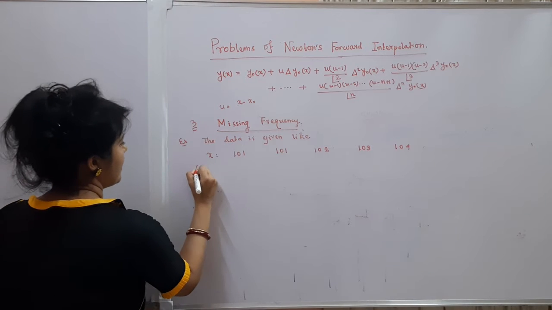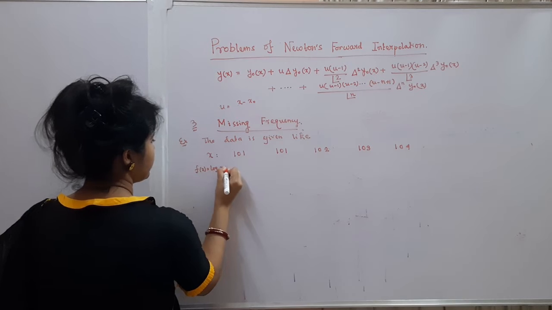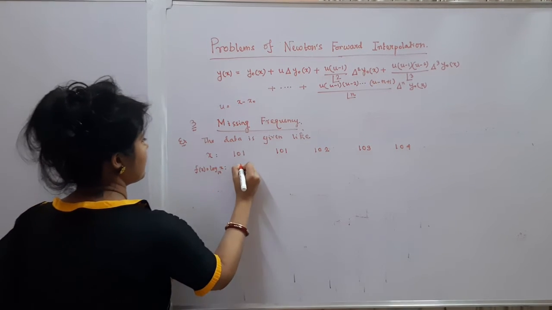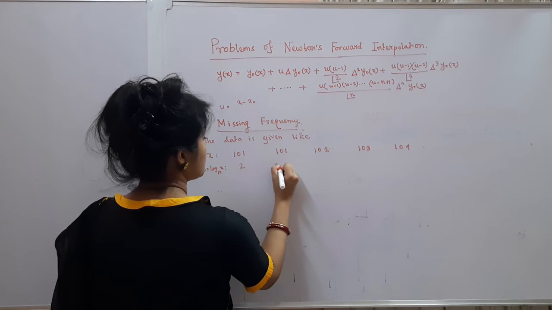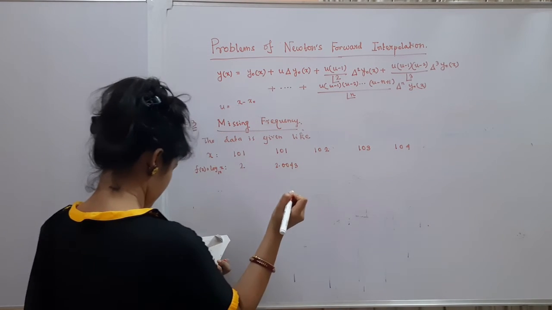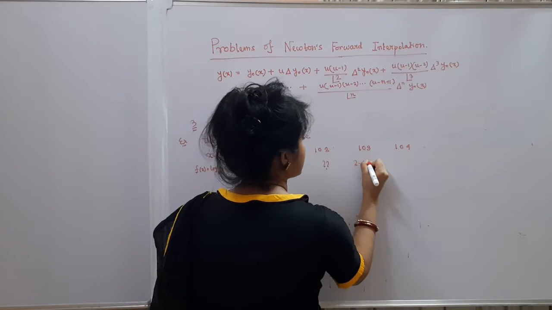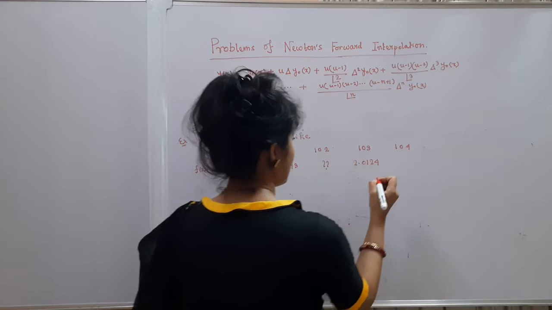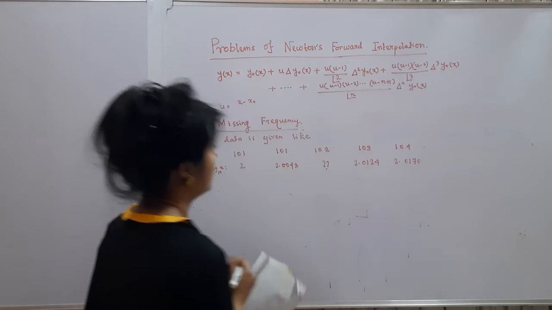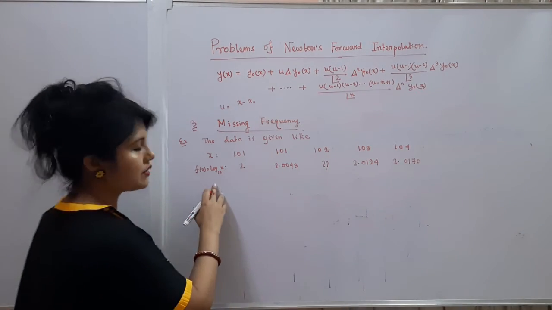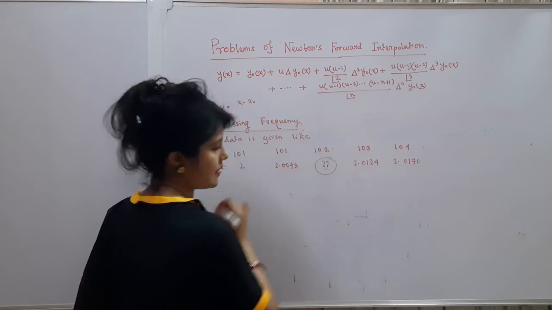And f of x is actually log x, this function log base 10 of x. And these are the corresponding values given: 2.0043, this is missing, 2.0124 and 2.0170. Now you have to find out the value of f of x where x is 102. This is the missing frequency.